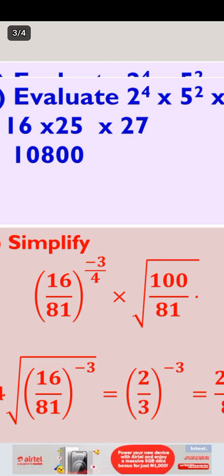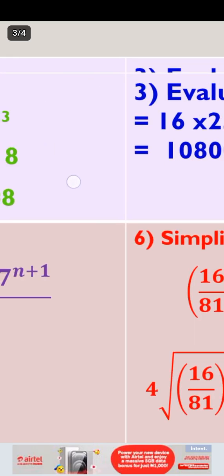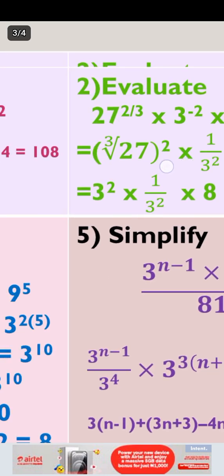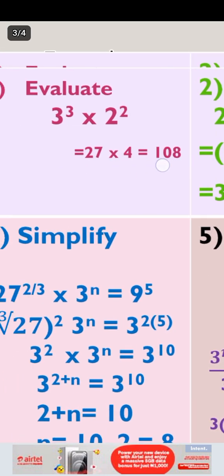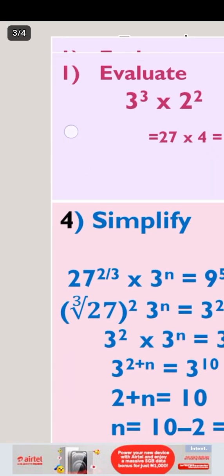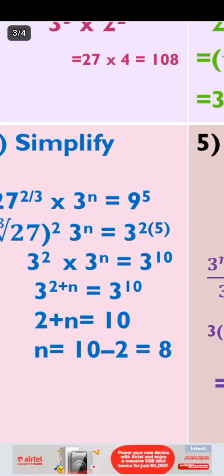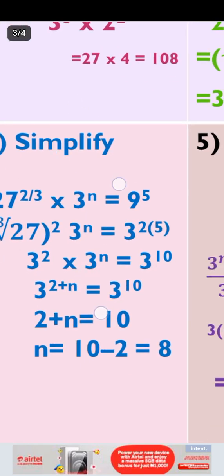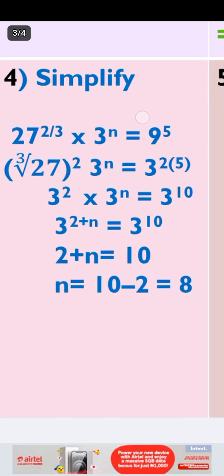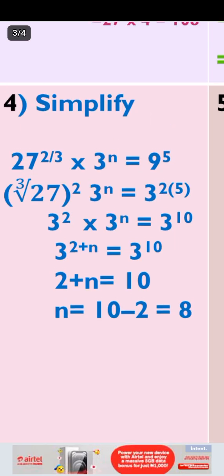Let's move ahead. Now we are going to take example 4. Example 4 is saying simplify 27 raised to the power 2/3 times 3 raised to the power n is equal to 9 raised to the power 5.